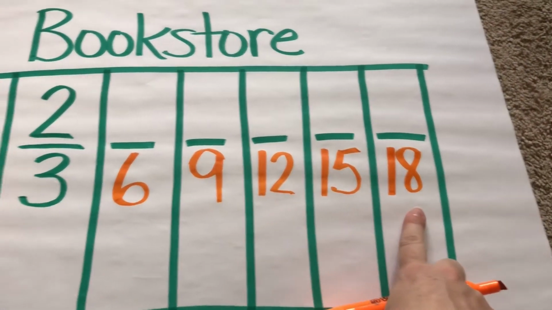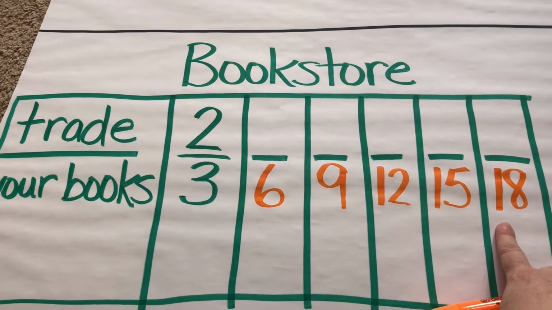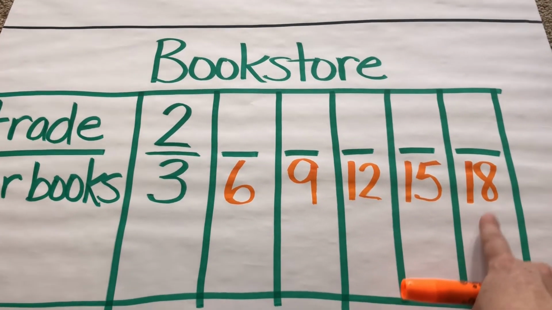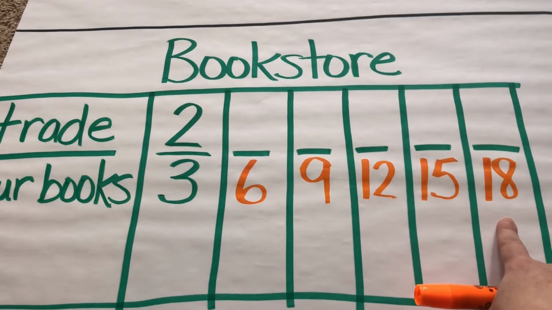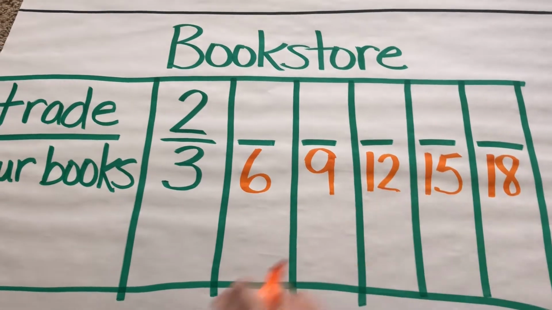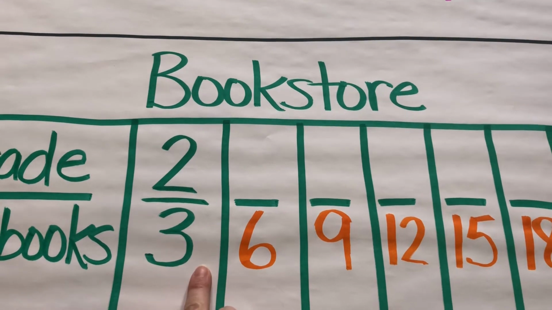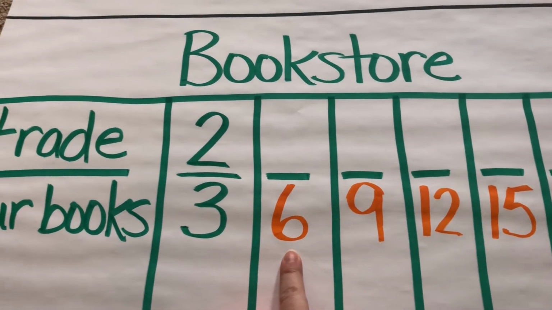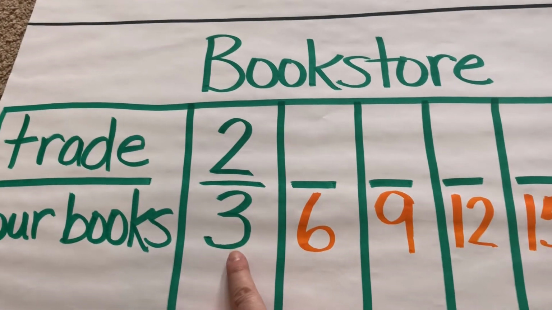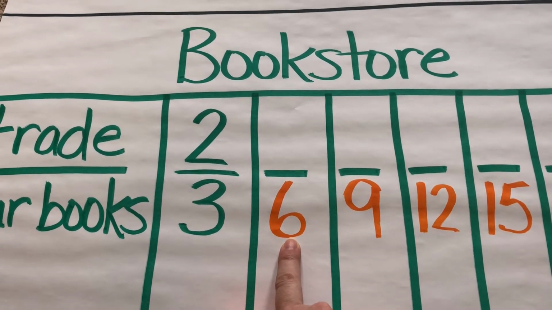Okay, so we're ready to fill in the rest of our chart now. We've got it down to 18. So this will tell us how many books she could get back traded from the bookstore if she brings 18 of her own books. So just the same as other equivalent fractions, we're going to follow that same rule. If we were taking 2/3 and we wanted to rewrite it as an equivalent fraction with a denominator of 6, we had to multiply that 3 times 2 to get 6, right?